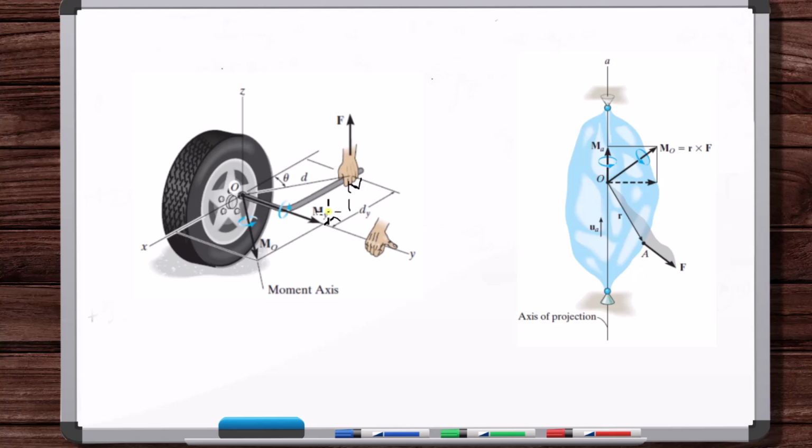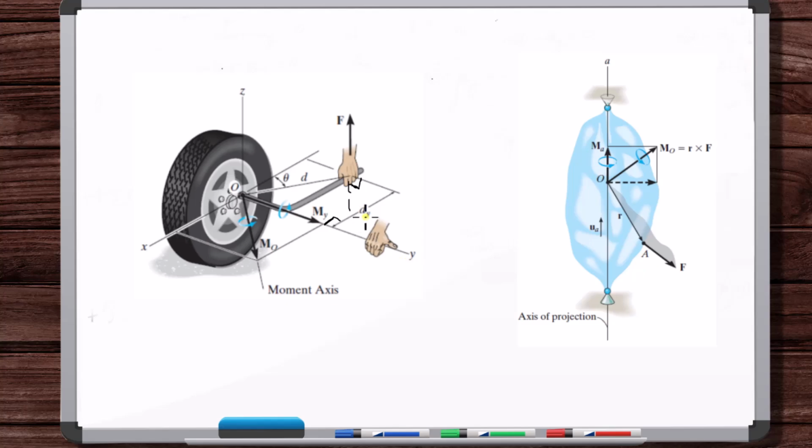But what you can see is that no matter what point you pick, you're going to get the same resultant vector. Yes, R cross F is different depending on the point you pick, but at the end of the day, you're just finding the moment of that force about the axis.